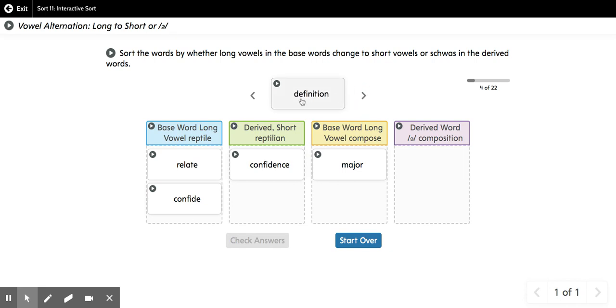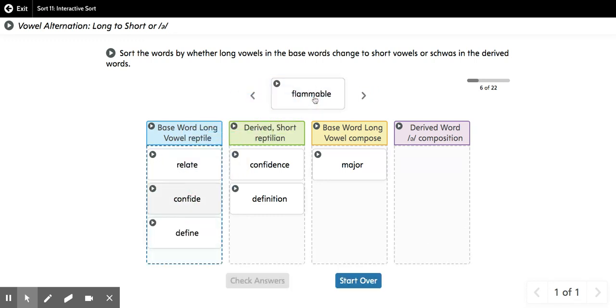There it is. So it went from define to definition. So I know that those two words are going to be over on this side. So I'm going to go ahead and put this one down here, and then I think I'll go back and find that word. I think that's a little bit more organized to do it that way.